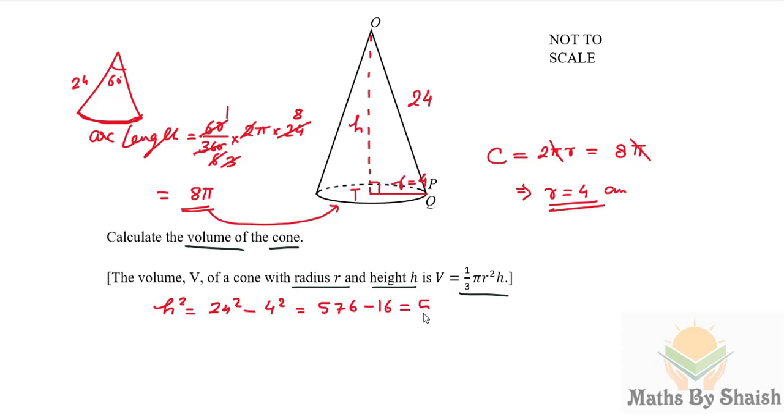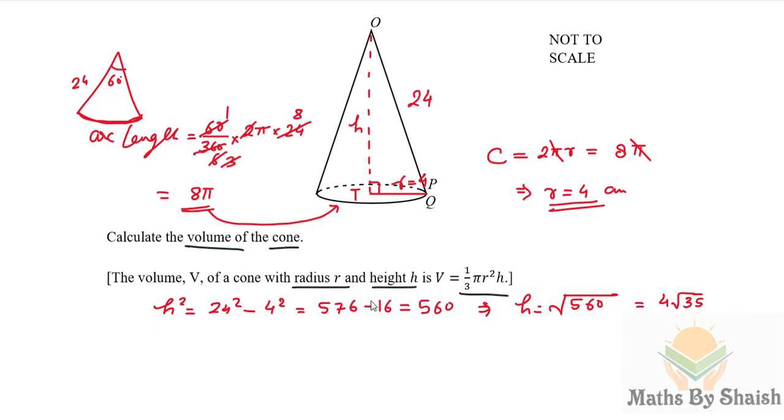So it means we got h as square root of 560. And square root of 560 is not a square number, so we'll get something like 4 root 35. It's not required, let it be like that.